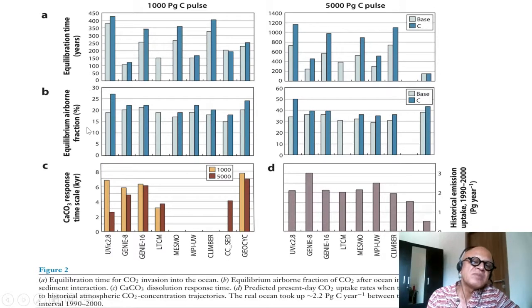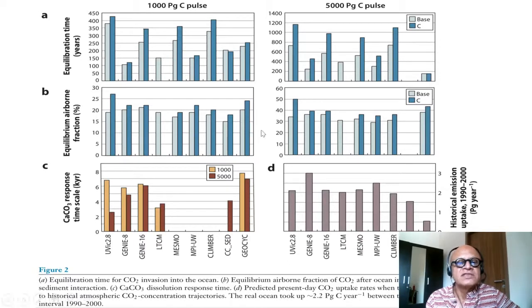The equilibrium airborne fraction in each model, with a 1000 petagram carbon pulse and a 5000 petagram carbon pulse, is shown here. The scales are different, so you have to be careful. This is 450 years, this is 1400 years, this is 30%, and this is 60%. This here is up to 50%, this is less than 30%, and so on.